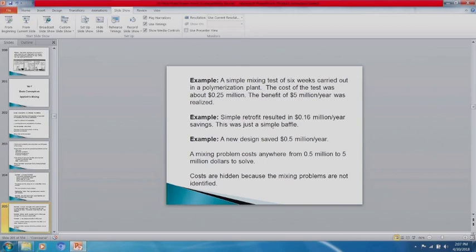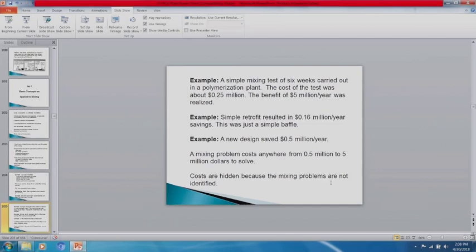A simple retrofit, which was basically adding a baffle in the right location, resulted in $160,000 a year savings. A new design may be $0.5 million a year. So mixing problems cost anywhere from, say, $500,000 to $5 million to solve. Usually they're a lot cheaper than $500,000 to solve. $5 million is probably too excessive.